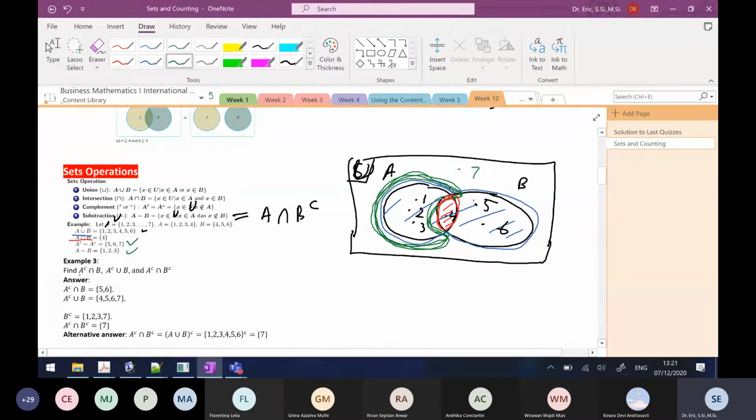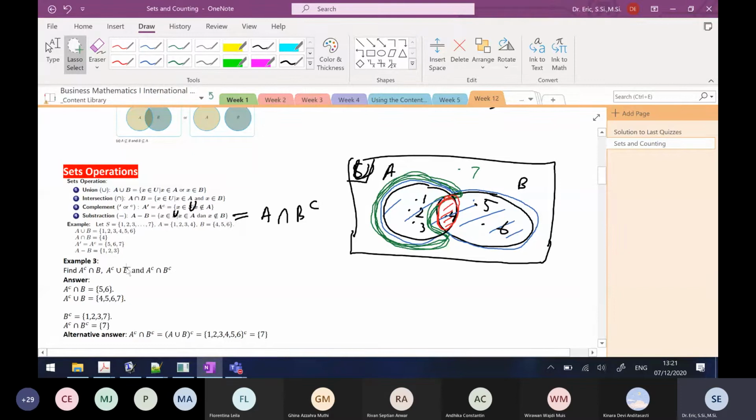So let's find A complement intersection B, A complement union B, and A complement intersection B complement. If you want A complement intersection B, A complement is 5, 6, 7 and B is 4, 5, 6.